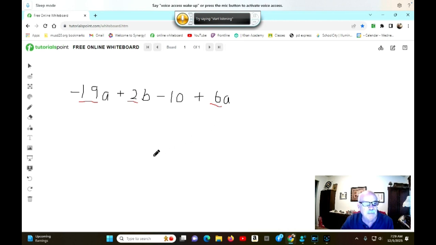So when you're talking about combining like terms, you take the minus 19 and then you add 6 of them. I'll put the little A's there so I don't confuse anybody. Okay, so we have a negative 19.